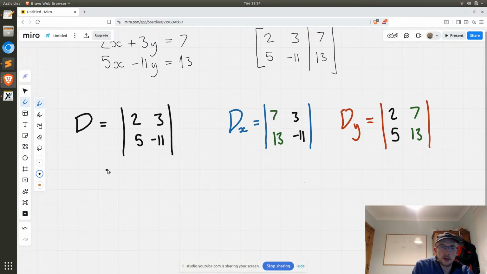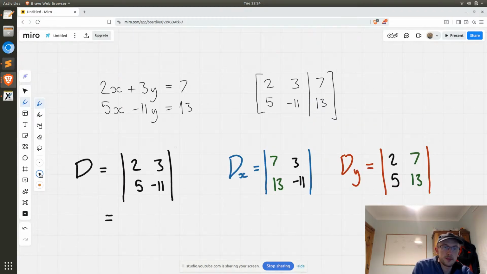So the determinant of a 2x2 matrix in general, when it looks like this, A, B, C, D, is AD take away BC. A times D, take away B times C. So in this case, it's -22, take away 15. And -22 take away 15 is -37.